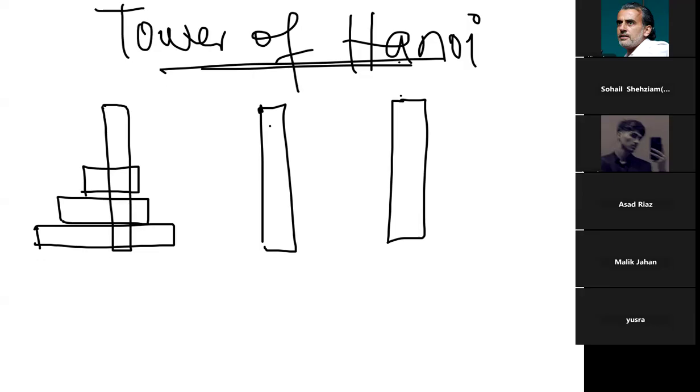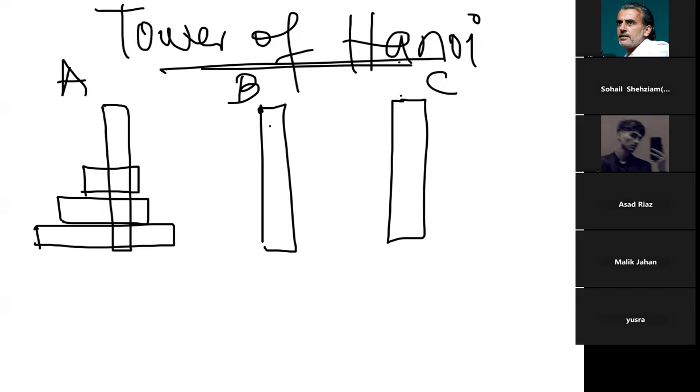Our task, naming those towers, is to move all the disks from tower A to tower C. The condition is that at one time we can move one disk, and in no state during that entire movement process should we break that order. In none of them can a smaller disk go below a larger disk.